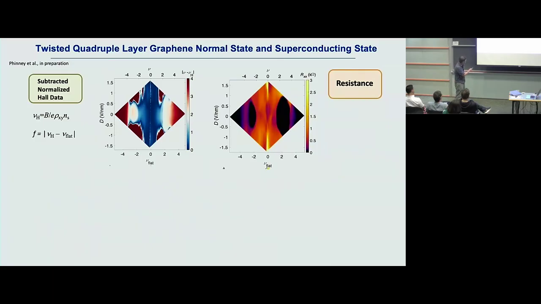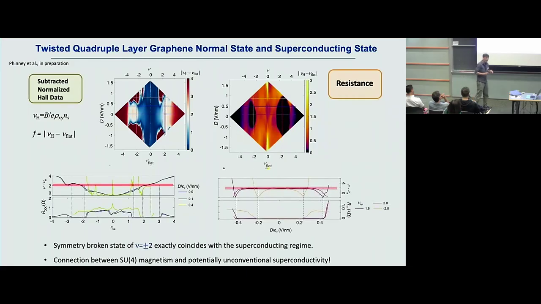What you notice is that this broken symmetry state 2 is precisely aligned with where, when you measure the in-plane conductivity, the superconducting state shows up. Where the superconducting state appears is more or less matched with this broken symmetry state 2. You can do more careful work, cut through it, and precisely show that when the broken symmetry state is gone, superconductivity is gone, right?